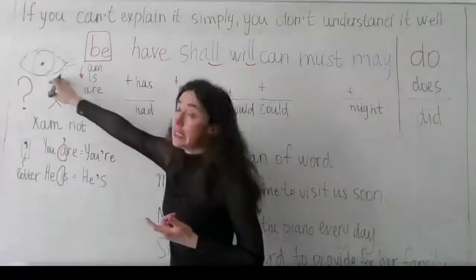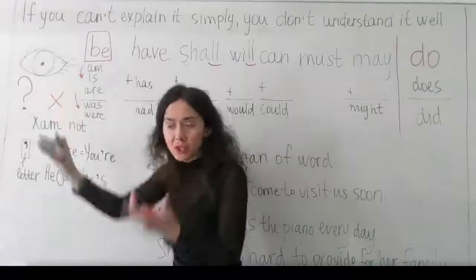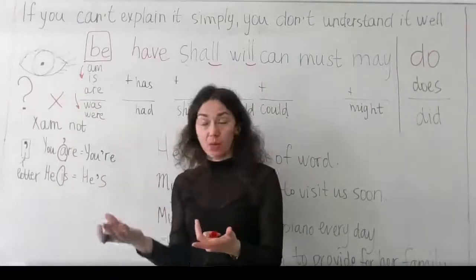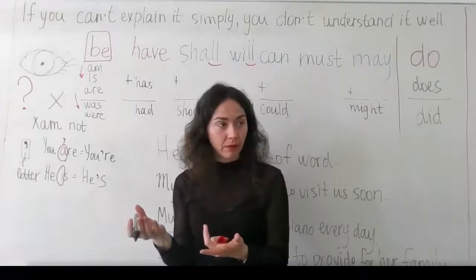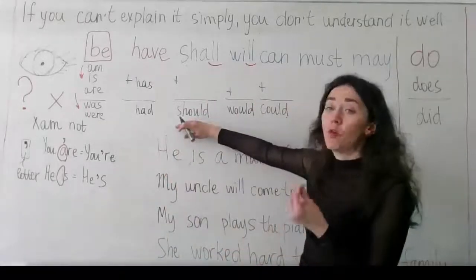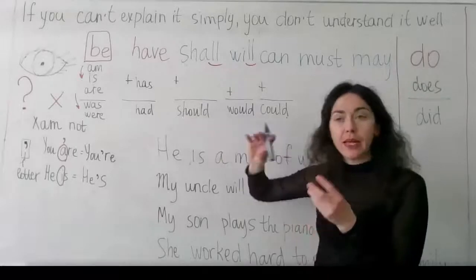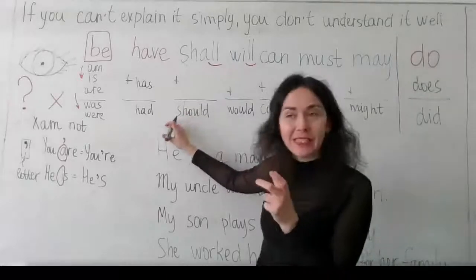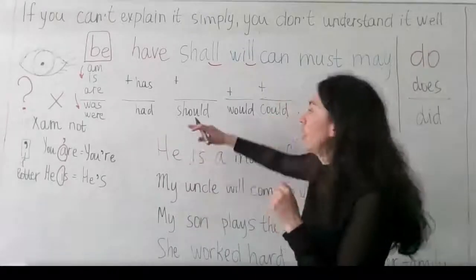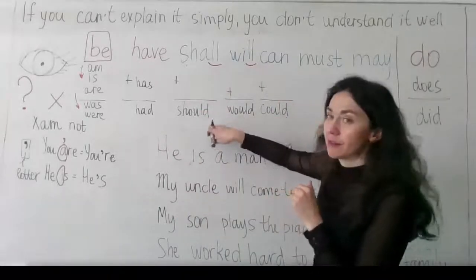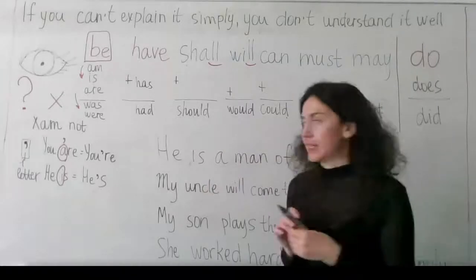If we see these forms, we use them in the sentence to make questions and negative sentences. That's simple. These are forms of the verb that are almost the same but a little bit changed, but the meaning is the same. If you have one of these words, you use them to make questions and negative sentences.